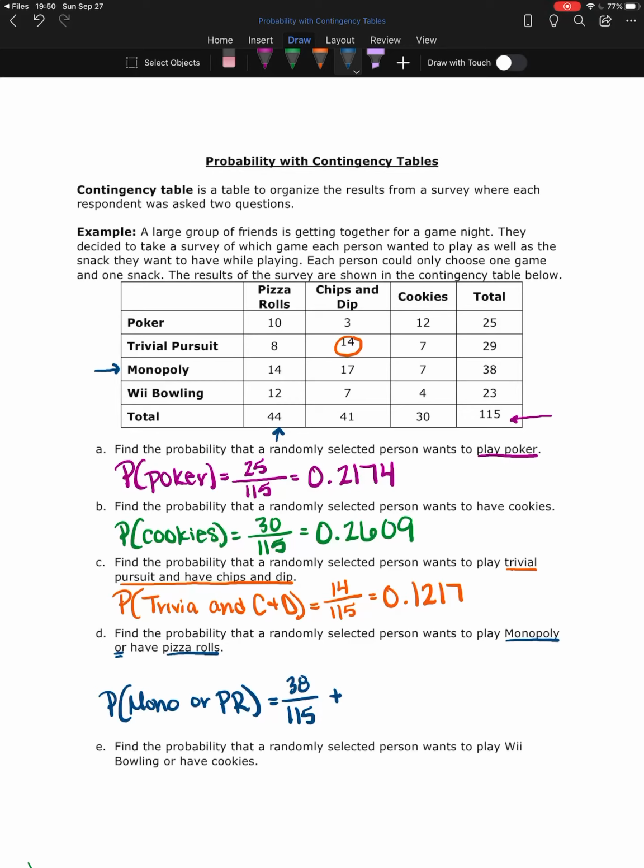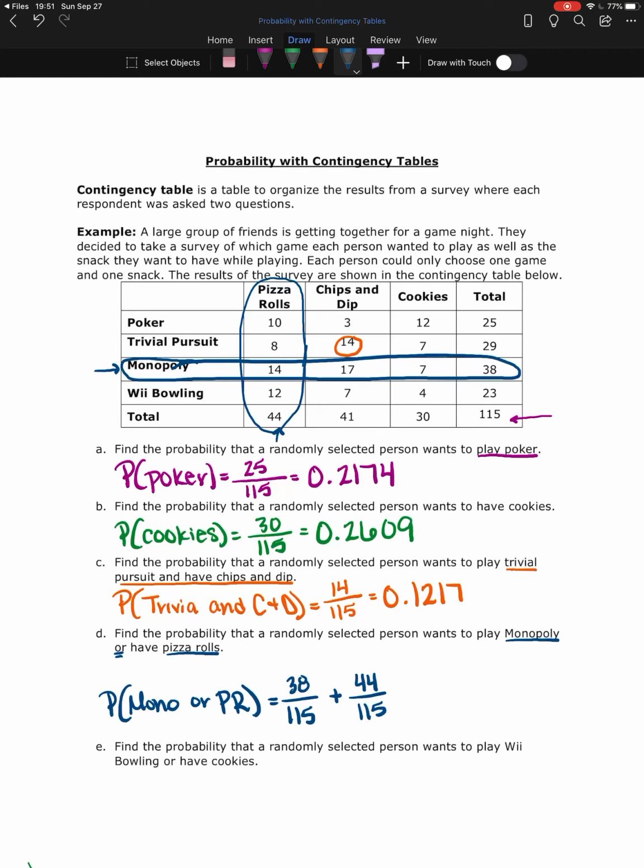Then I'm going to add the probability of somebody wanting pizza rolls. So there were 44 out of the 115 kids wanting pizza rolls. So first I found Monopoly by itself.